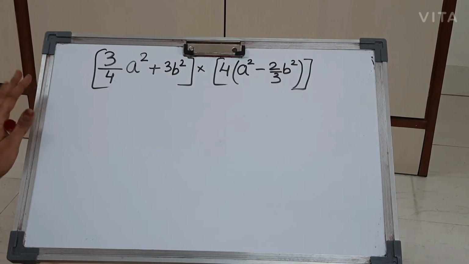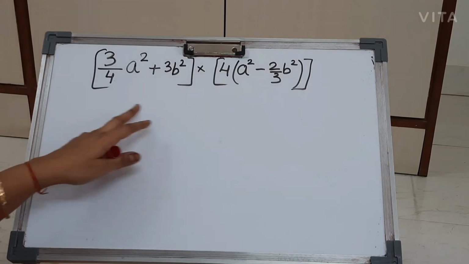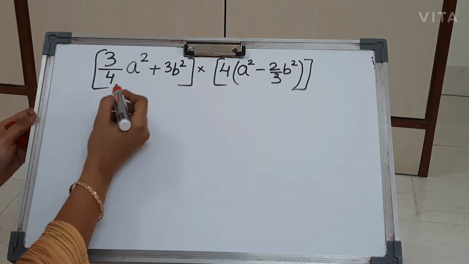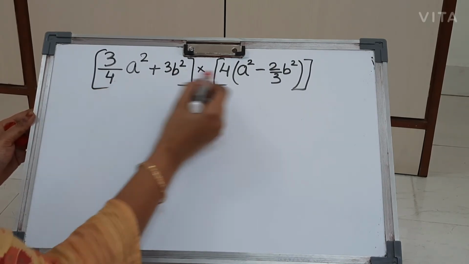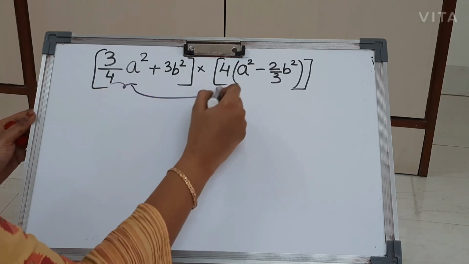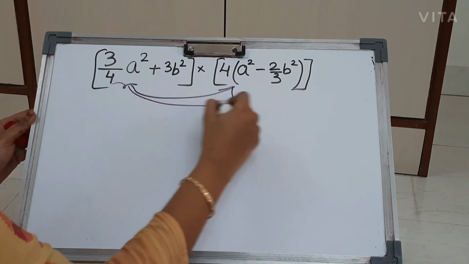Now again I would like to explain how we multiply the binomials. First we will simplify this. As I explained before, when this type of term is there, first we multiply one term with this, then again with this.